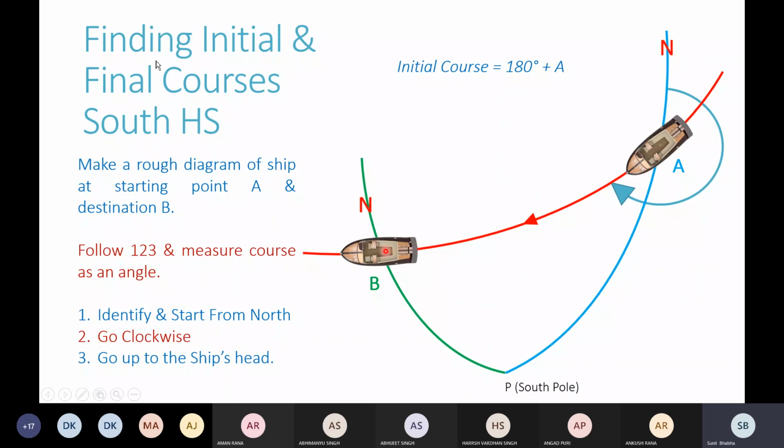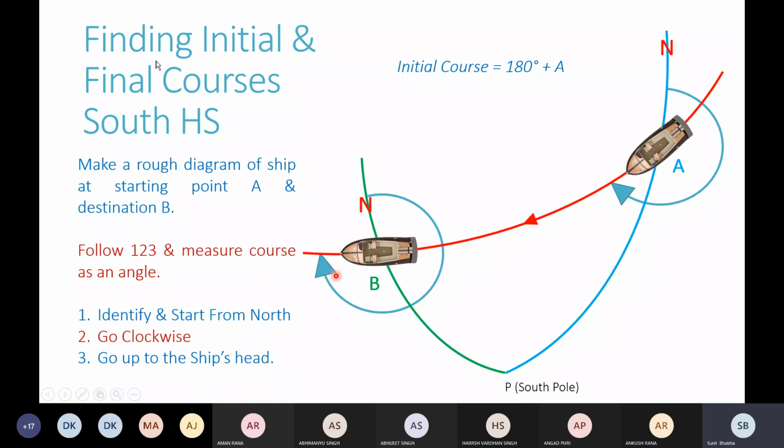Let's go to the destination position now. Again, we follow the 1, 2, 3 method. Starting from true north, going clockwise, going up to the ship's head, represented by the light blue color arc as well as arrow.